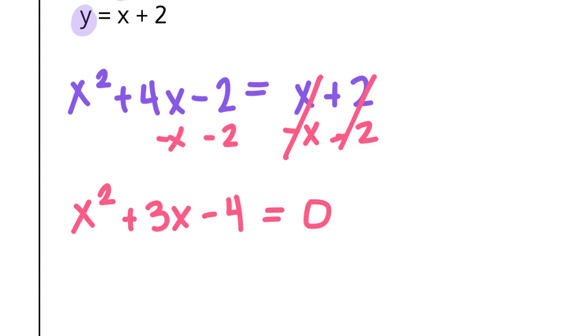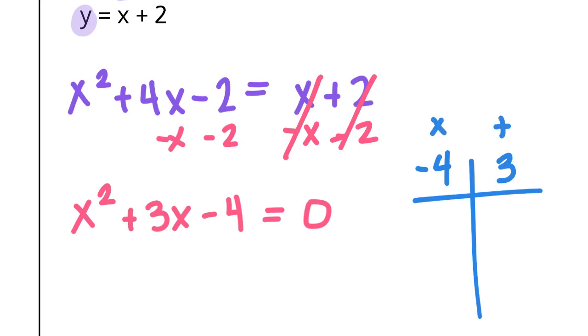Okay, now let's factor that quadratic equation. So what I'm doing now is I'm looking for two numbers that multiply to -4, but add up to 3. So on this side we're multiplying, this side we're adding. Okay, so for 4, you could either have 1 times 4 or you could have 2 times 2.